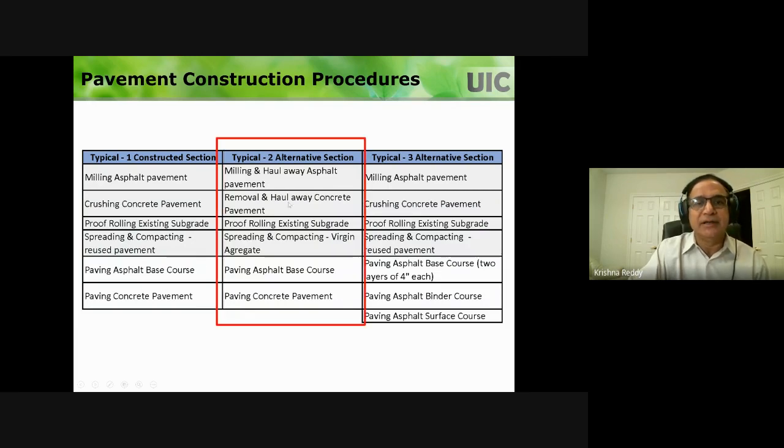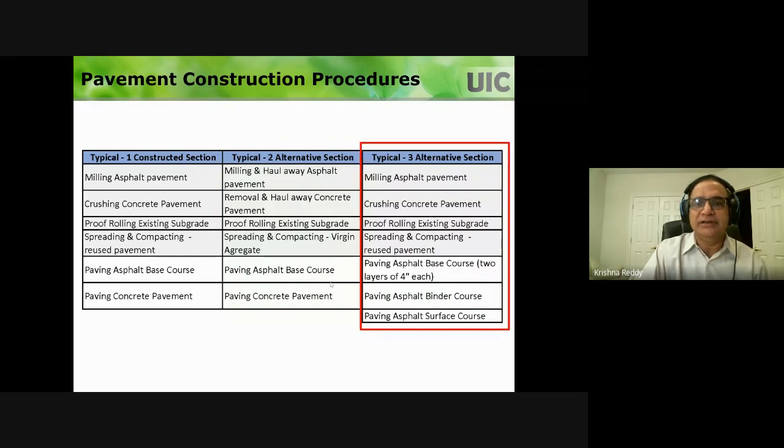So in the number two option, basically we are not using the recycled aggregate. That means all the asphalt and all the concrete that you took out from the old pavement has to be taken out to a disposal facility, and then you have a clear ground. You can proof roll and construct the new pavement based on that. In alternative three, again, we are going to reuse that crushed concrete as aggregate.